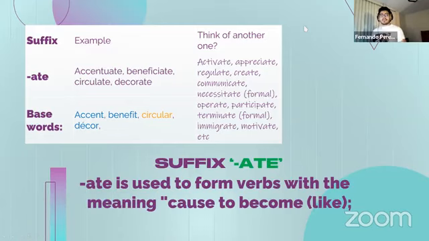Ate is used to form verbs with the meaning cause to become like. Which means, for example, accent. If you want to cause to become like an accent, or transform it into an accent, you accentuate.